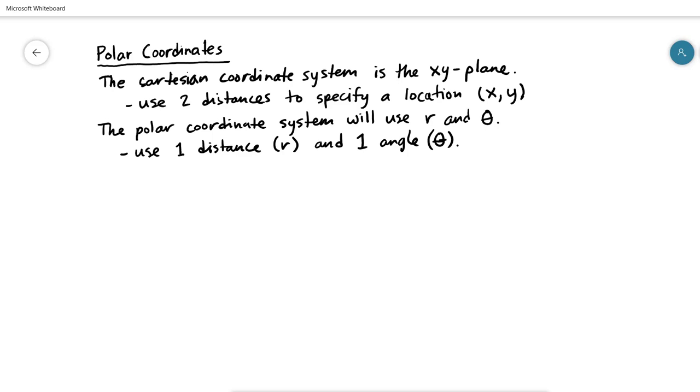We'll typically list the coordinates in the same way, as an ordered pair. So we'll identify a location using the same type of ordered pair.